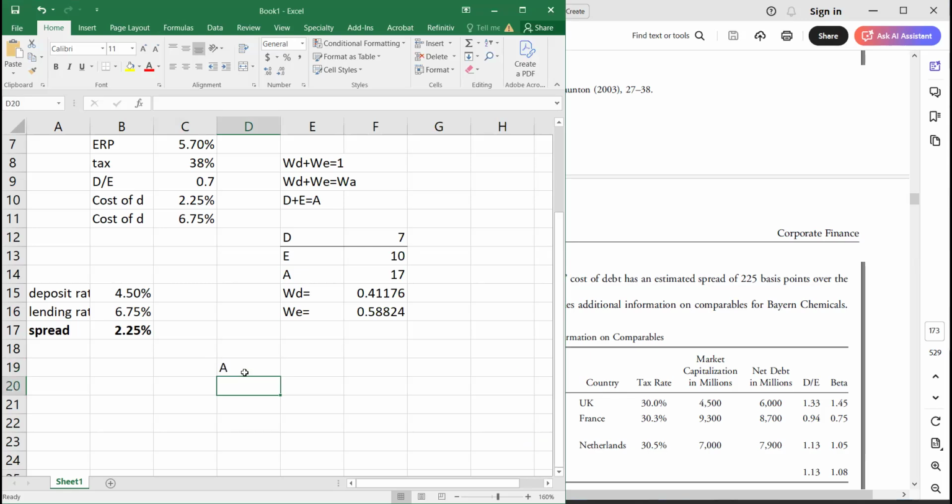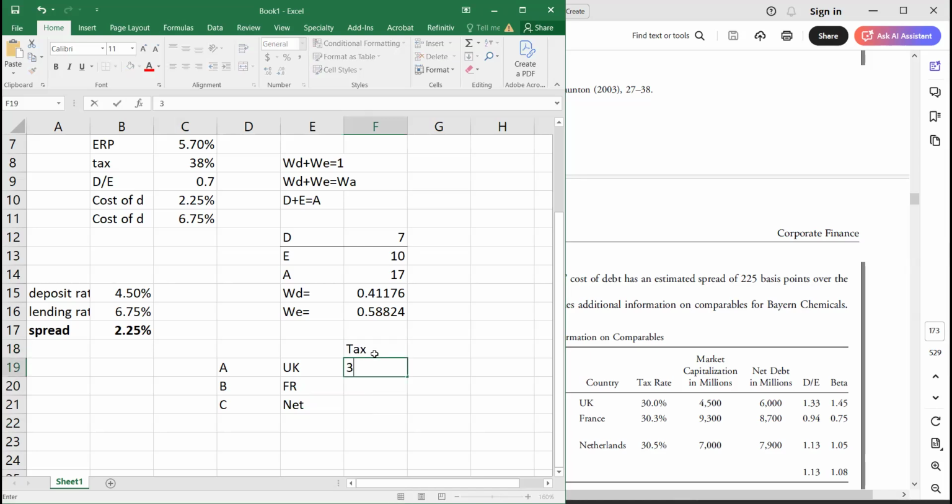I will call them A, B, C. The first one is UK, the second one is France, and the third one is Netherlands. And we have the taxes here. I'm just transferring the data here.